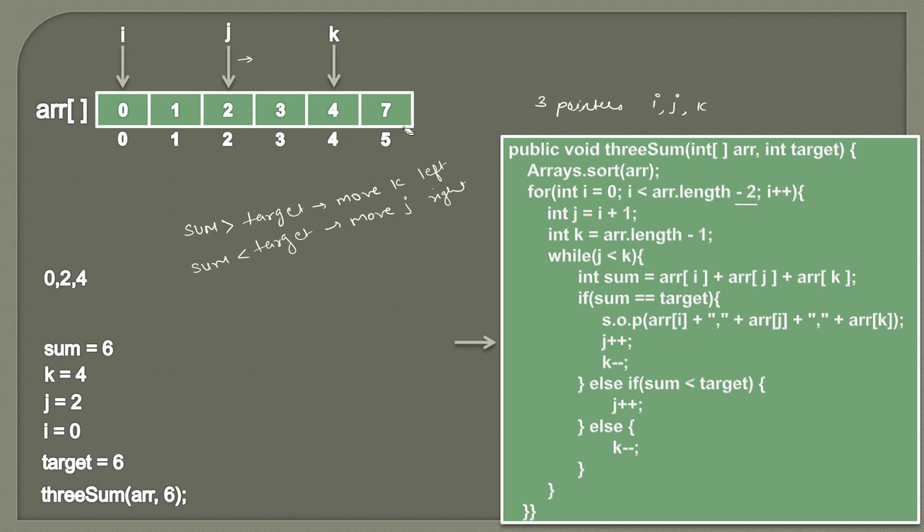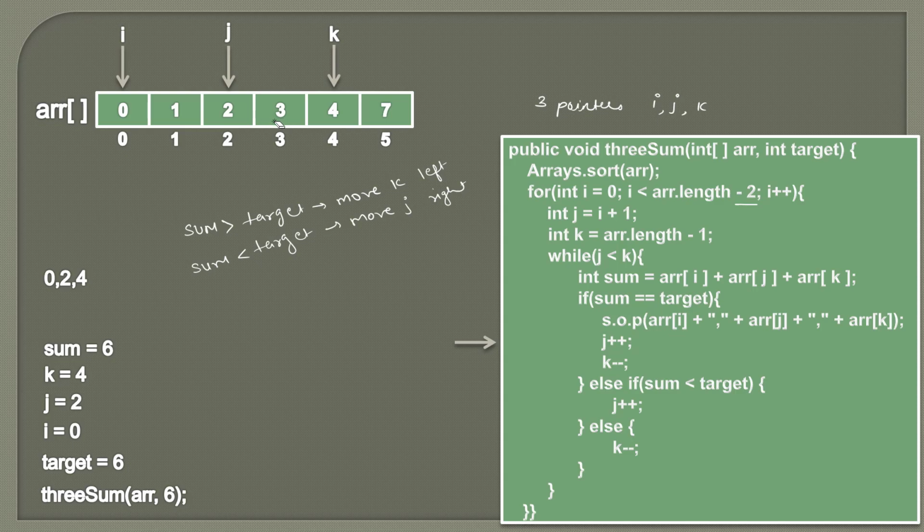And as these are distinct integers, the value here cannot be 2. It can only be greater than 2. So therefore, if we increment j, we also decrement k, because we will never find any such pair. If it had been duplicated values and this had been 2, then if we incremented only j, we would have found another triplet 0, 2 and 4.